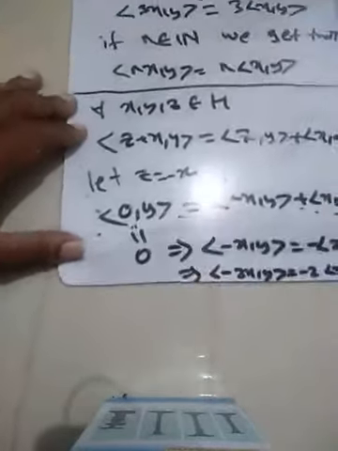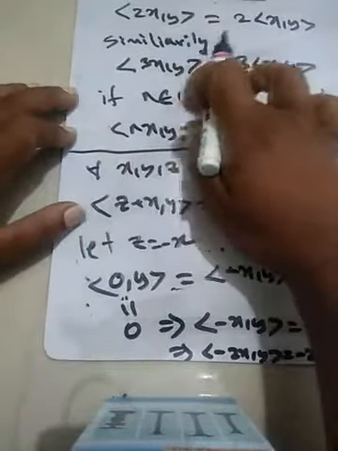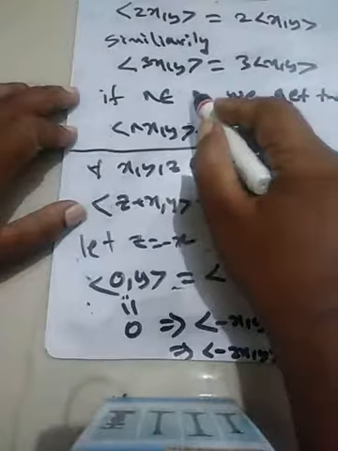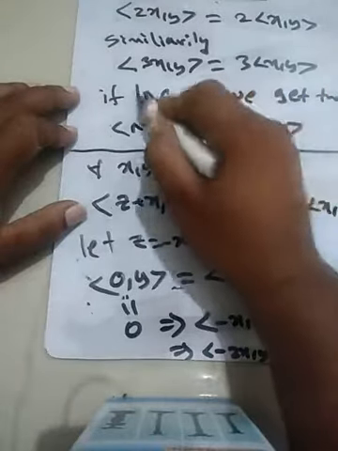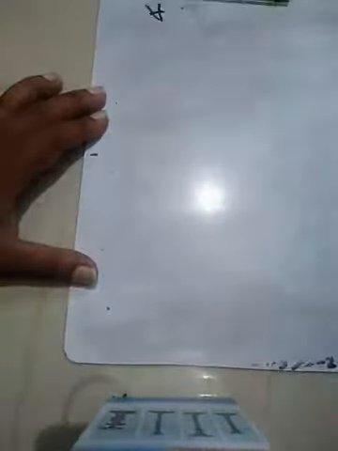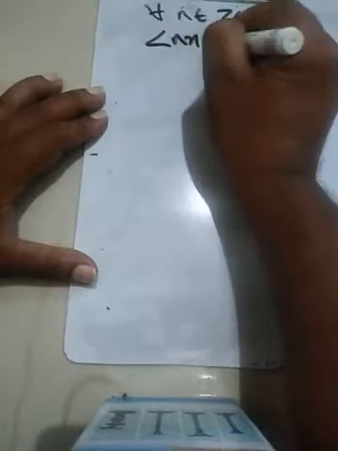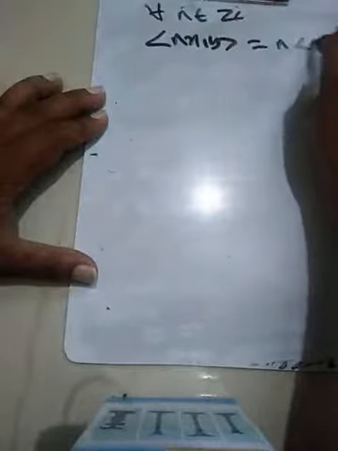Continuing this, this n which was there can now be replaced with z. So for all n belonging to Z, the inner product of nx with y is n times the inner product of x with y.